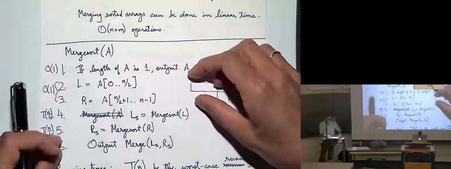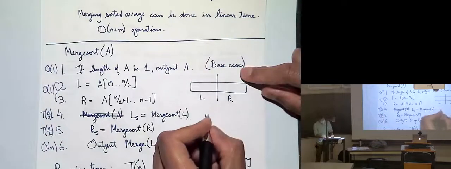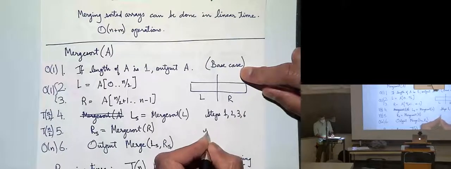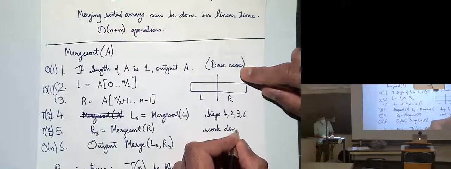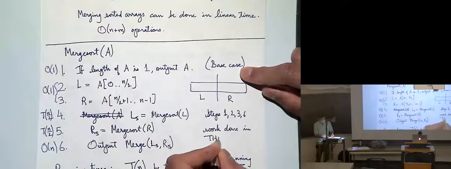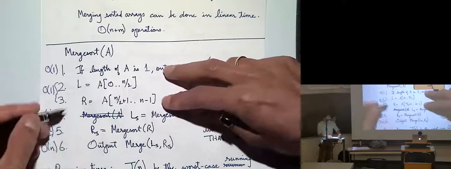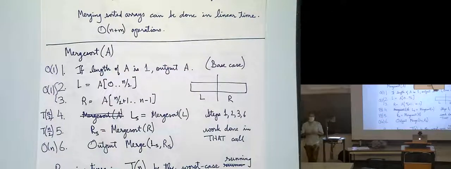So steps 1, 2, 3, and 6 is the work done in that call. Does that make sense? Everything else is associated with a recursive procedure. Okay? Questions? All right.